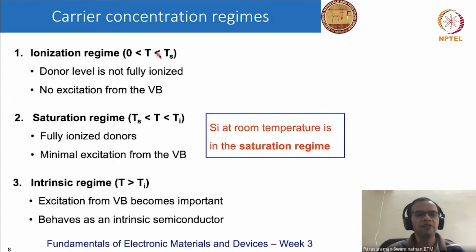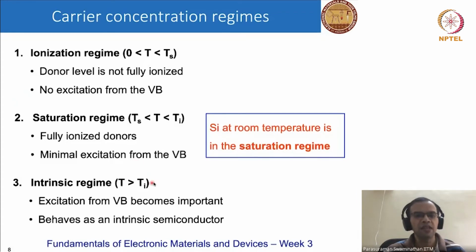We normally define three regimes. One is called the ionization regime. This happens at low temperature, where the donor level is not fully ionized. Once the donors are fully ionized, we are in the saturation regime, and silicon at room temperature is in the saturation regime. As I said, we engineer the material in such a way that we reach saturation at room temperature.